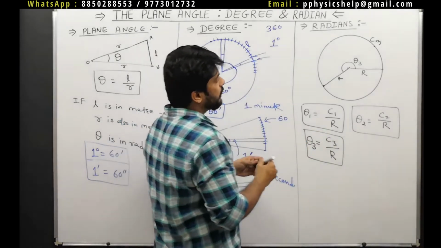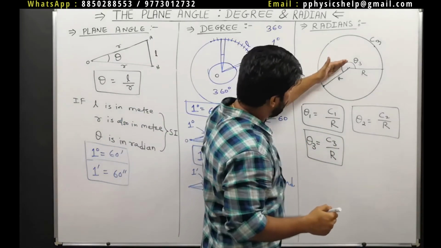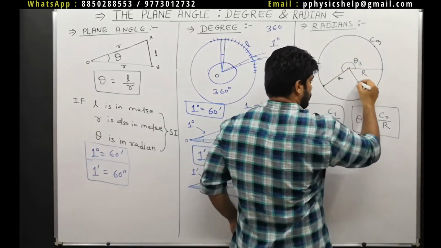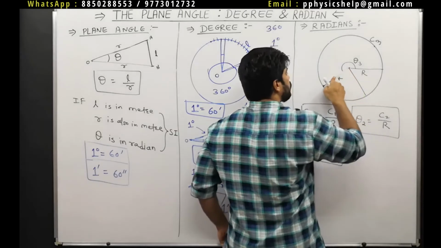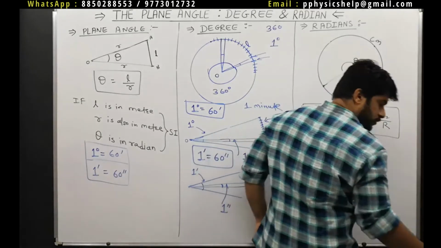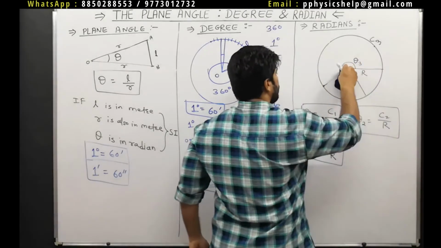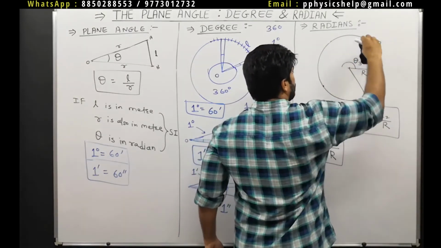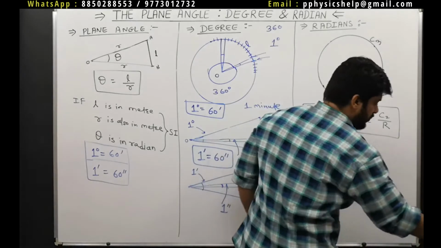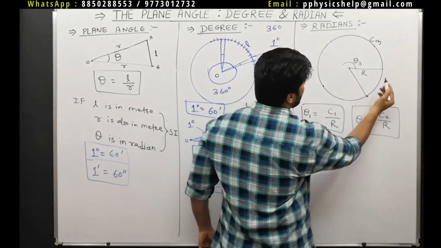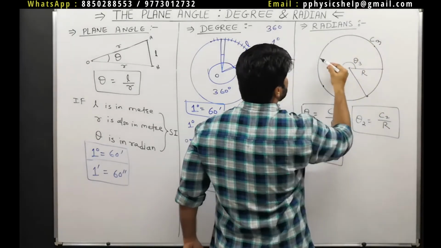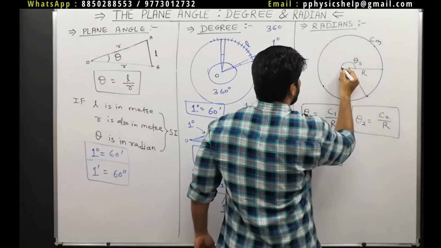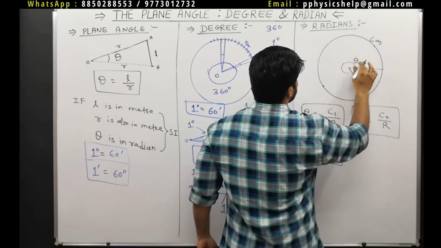Now I will move even further. Let's move from here to this point. Now you can see I have moved here, so the arc length is even bigger, and it traces an even larger angle.